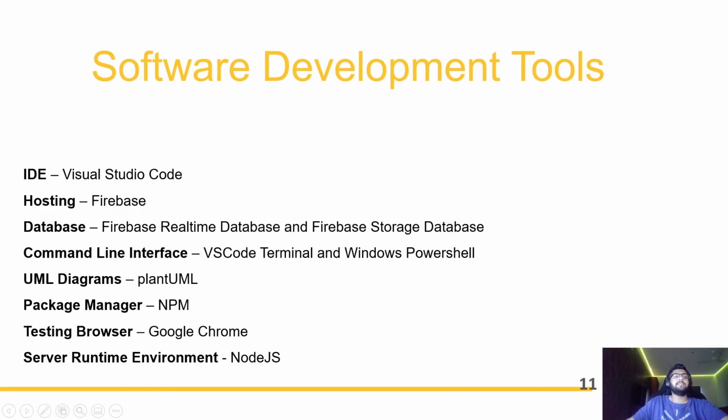Then for package manager, we chose npm, which is installed with Node.js. npm just loosely stands for Node package manager. And for testing browser purposes, we chose Google Chrome. For server runtime environment, we chose Node.js.